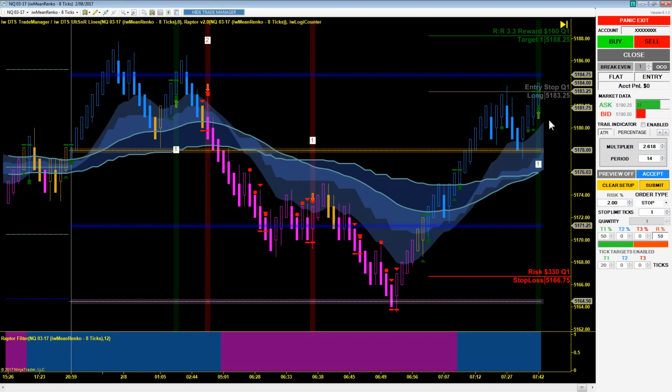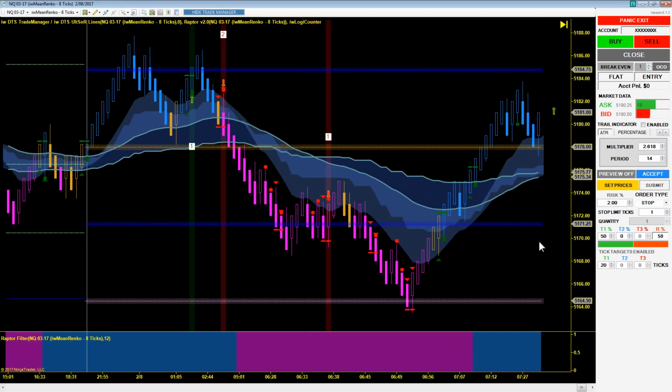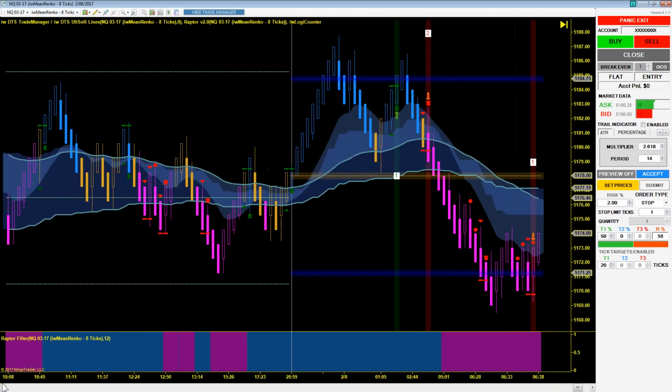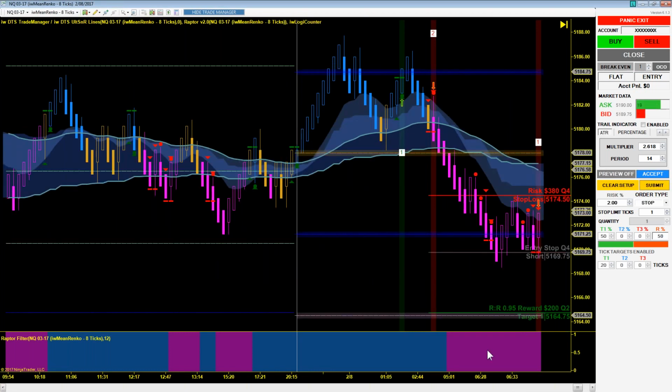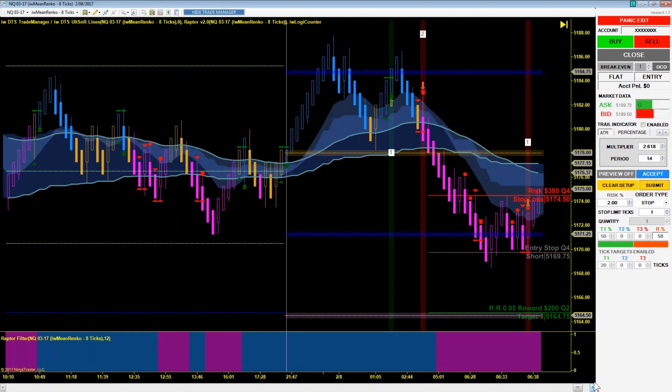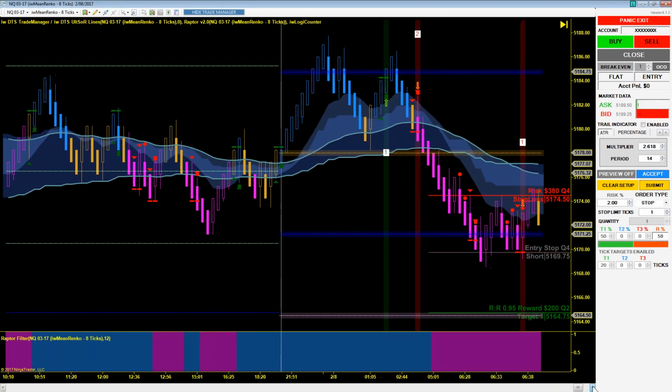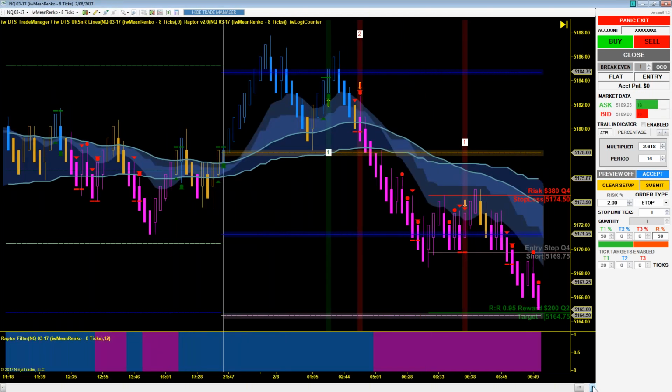DTS or RTS, the Raptor system, is a very good system at picking up market momentum. But let's say you took this trade here. Every once in a while, you may see the market back up on you a couple of ticks. So if you are like most people, and you jam your stop in ultra tight, you're only going to get stopped out before the market even has a chance to get down to your profit target.